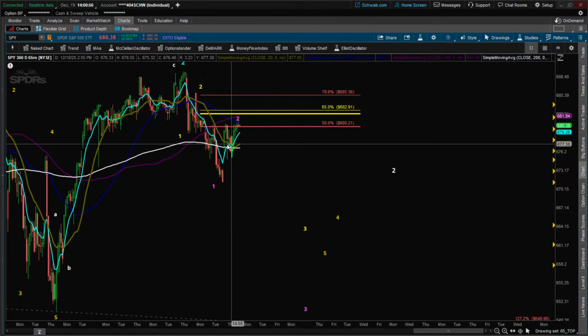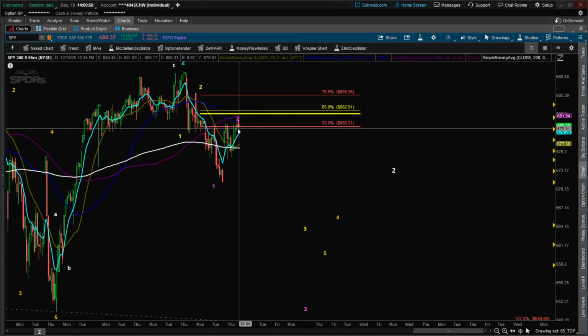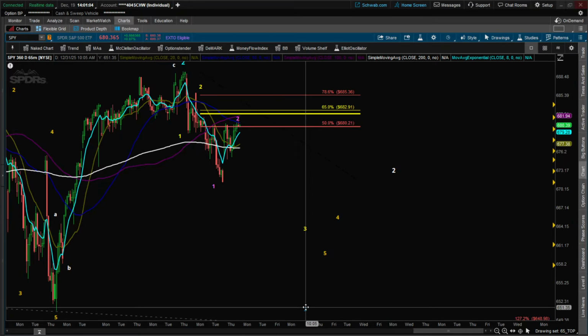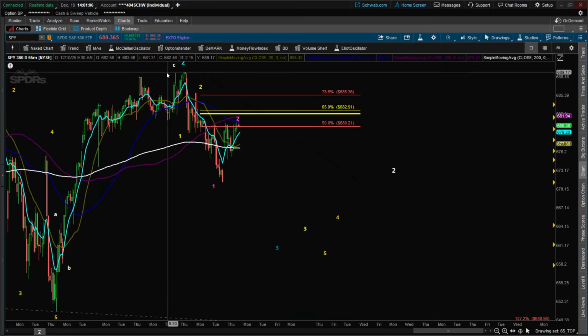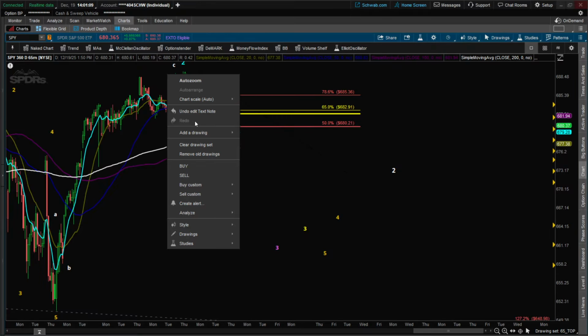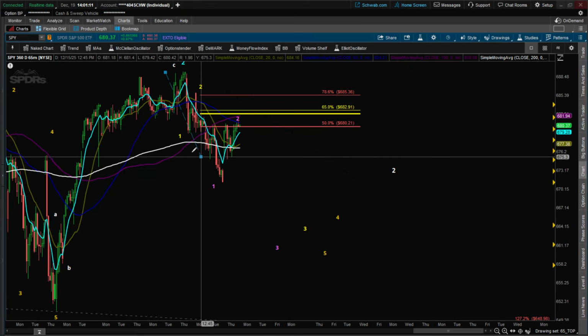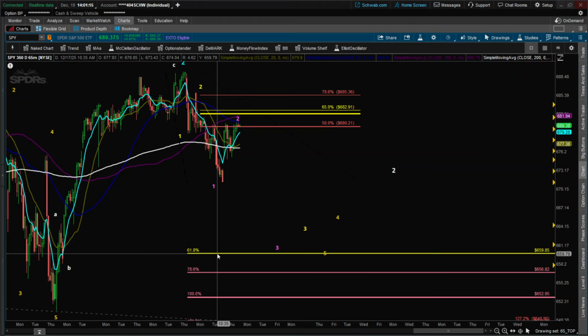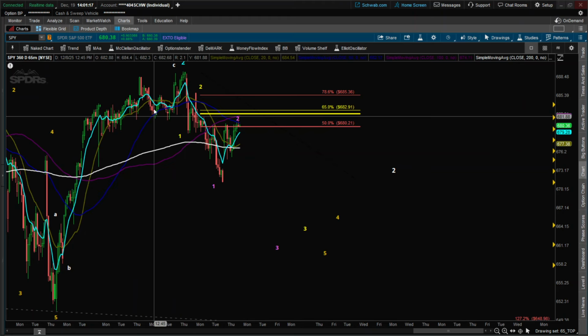Okay, so what I'm looking at right now is this rejection off the 50% here, and to continue our wave 3 lower. And now there's two ways you can look at it. All right, if it's just a 1-2 setup, then we're looking at, oh, that happened quick.